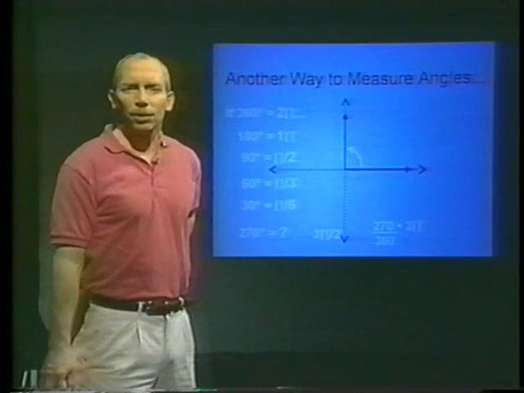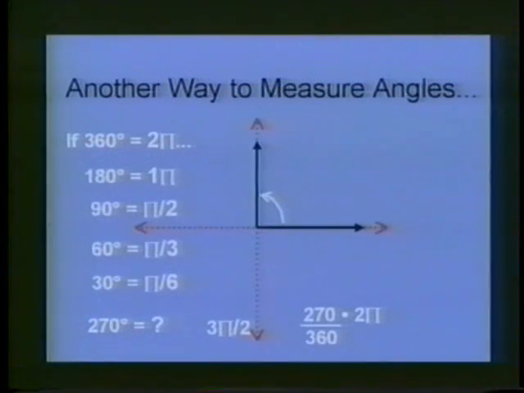I would take 270, divide it by 360, because that's how much of this thing is. And remember, the 360 is 2 pi. So I'll divide it and then remultiply 2 pi back. I'm actually taking 2 pi out and putting it back in, 360 being the same as 2 pi. Now let's cancel. 270 and 360, they're both divisible by 90, right?